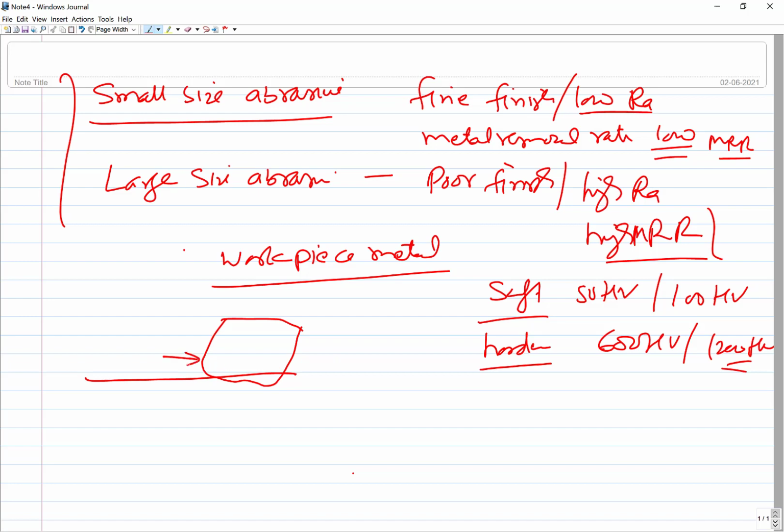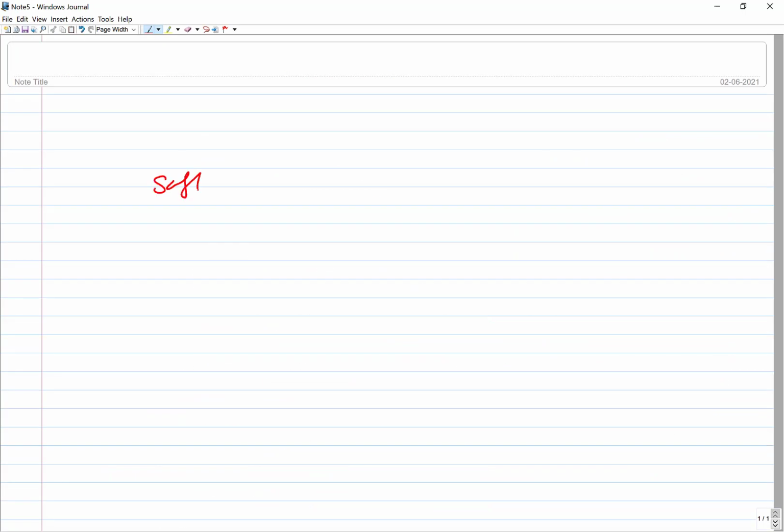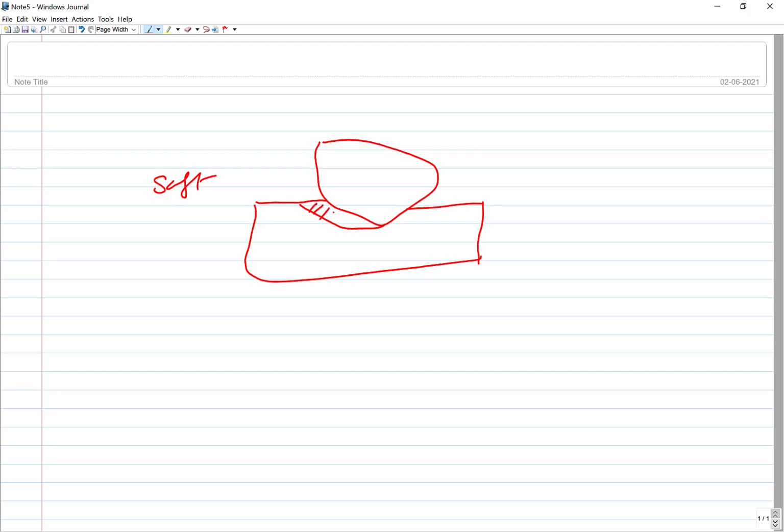Okay, so the load or the stresses acting on the abrasives during the shearing of the material during the grinding, if there is an abrasive working on the soft metal, that stress will be low. Okay, abrasives will not break under the low stress.